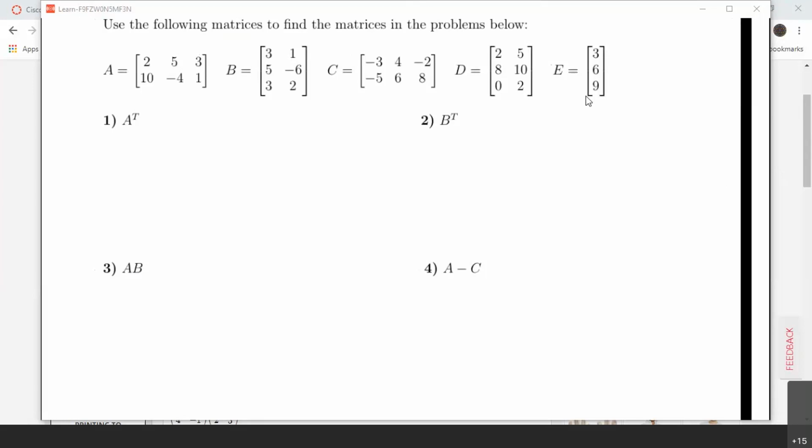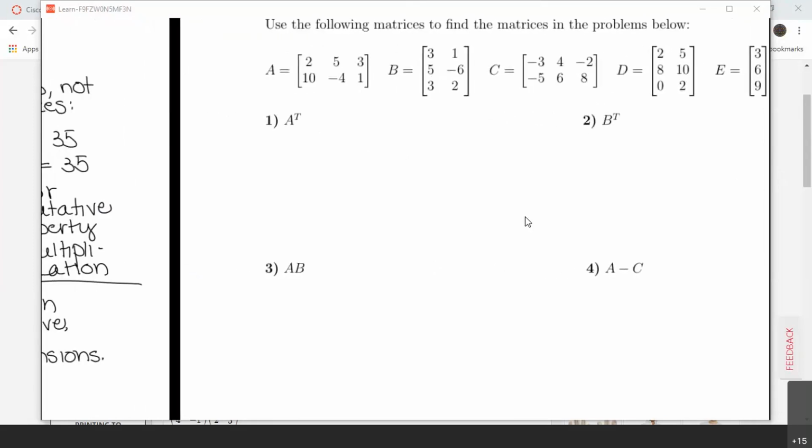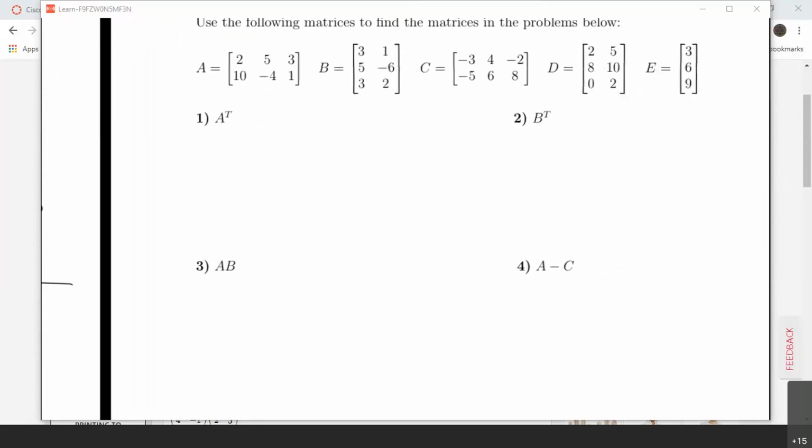So I'm going to do this first transpose by hand, okay? Before I do any of them, though, I'm going to put the size of each matrix underneath. This matrix has 2 rows, 3 columns. This one has 3 rows, 2 columns. This one has 2 rows, 3 columns.